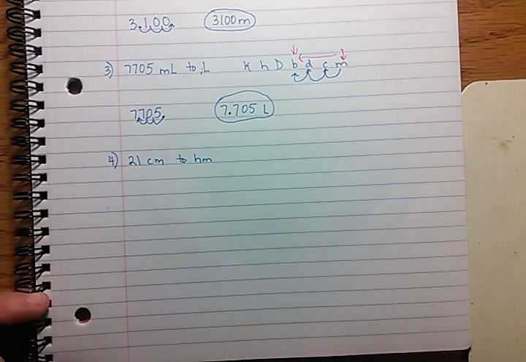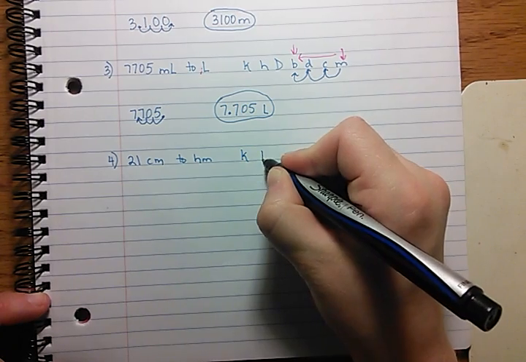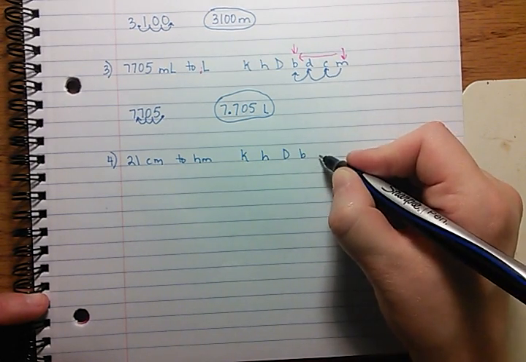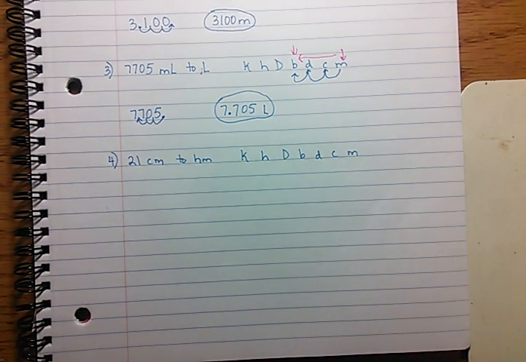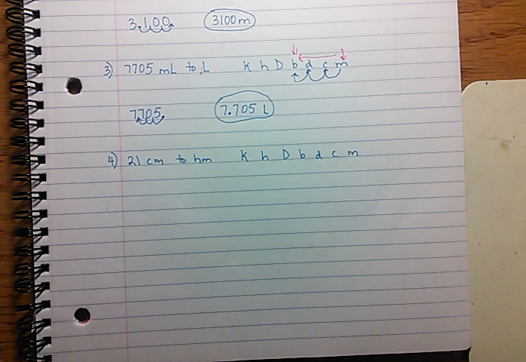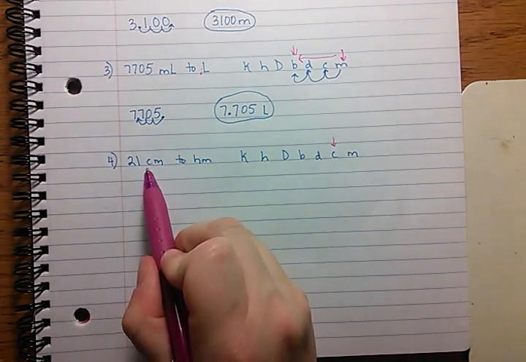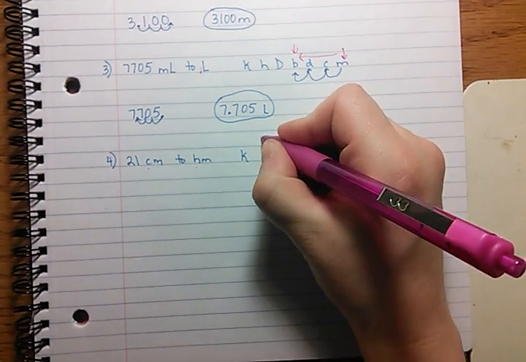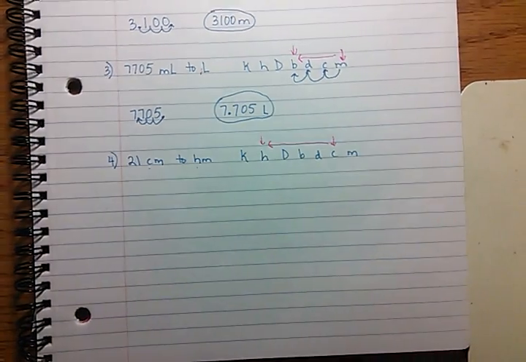Okay, I'm going to assume you've paused the video and have tried it. I'm going to write out our letters here. Which letter are we starting at? We are starting at C, and we are ending at H. So we're moving the decimal over that way.